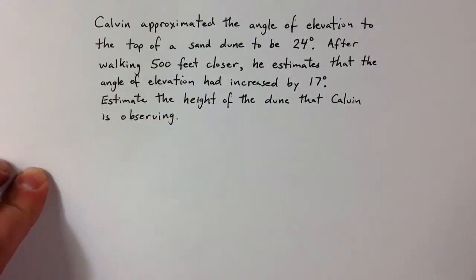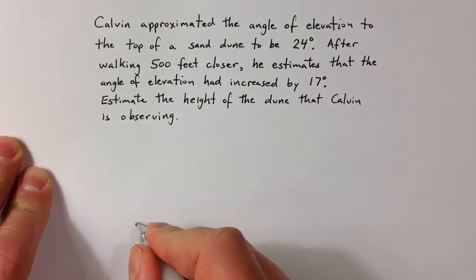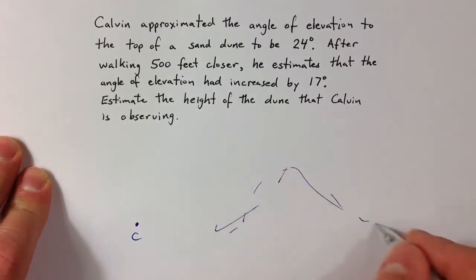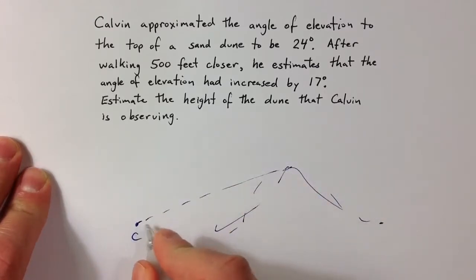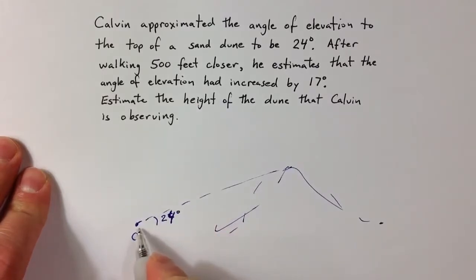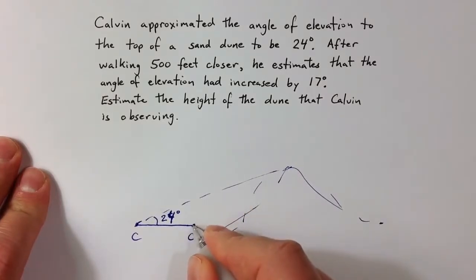Calvin approximated the angle of elevation to the top of a sand dune to be 24 degrees. So here's Calvin, and here's a sand dune. He measures the angle of elevation up to that sand dune to be 24 degrees. Then he walks 500 feet closer to the sand dune, to this new point, I'll call it C prime.